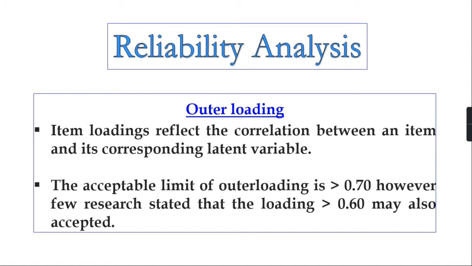So basically, the very first analysis that we perform in reliability analysis is outer loading, and the threshold limit must be greater than 0.70, which means that each and every item should have an outer loading greater than 0.70. However, if the outer loading of an item is greater than 0.60, we can accept and retain that particular item in our research activities.